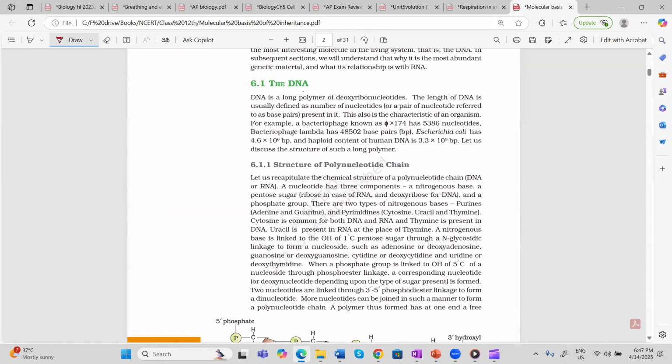In this case, lambda phage has this many base pairs. Tell me how many diester bonds will be there. Solve. The formula I gave you: base pairs multiplied by 2, whatever total you get, minus 2 is your answer.